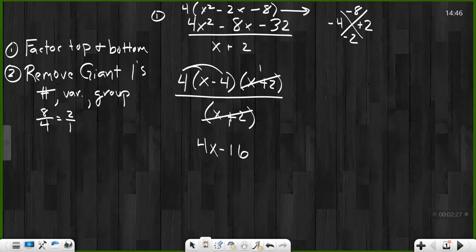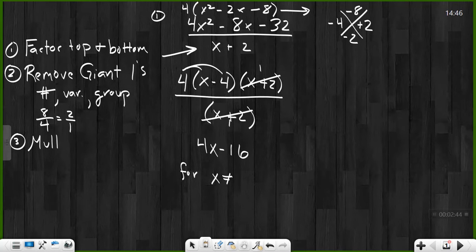minus 16. This will be the simplified expression as long as x is not a certain value that will make our denominator 0. So let's look back at our denominator. X plus 2 is the denominator. What value of x can't we use? Oh, sorry, let me state my thing.